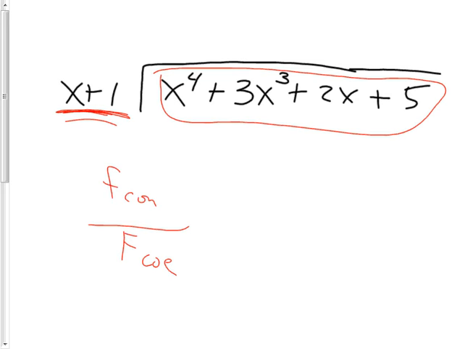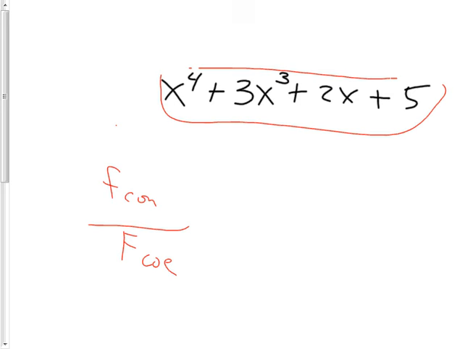So again, if I didn't give you this x plus 1, if I said, what do you think might work? Well, you look at your equation in question, and you take the f of the con and the f of the co, and you divide them. Take a guess what f means in the context of factoring.